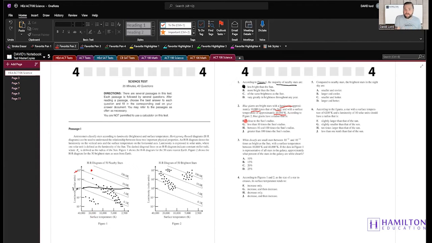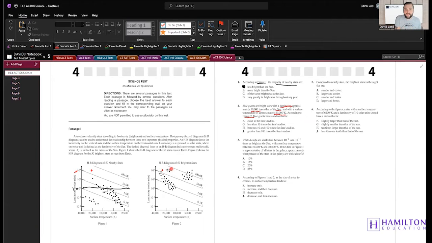According to figure 2, the blue giants have a radius of what? Okay, well, it says figure 2, not figure 1, so we're going to move over to figure 2 and take the same point, which is right about here. What is that between? Well, we're looking for the radius, and the radius was not the x-axis or the y-axis, it was these diagonal axes.